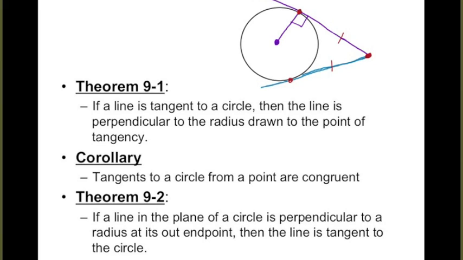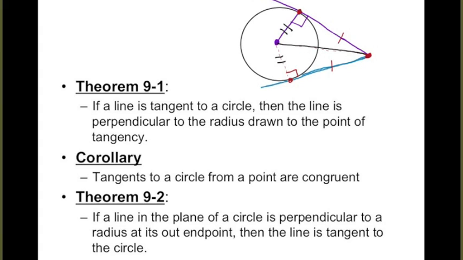A corollary we learned before is something that follows directly from a theorem. I'm not sure I would call this a corollary because it's not like you can just look at it and go, oh yeah, I see. What we would have to do is connect in again and connect there, and then we end up with two right triangles, and we would know all radii are equal to each other, and this side is reflexive, equal to itself.